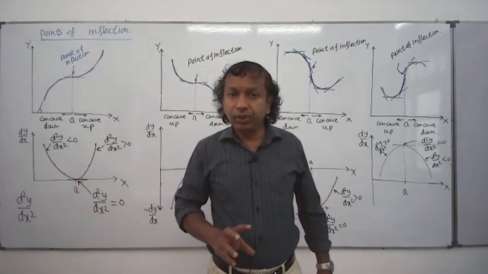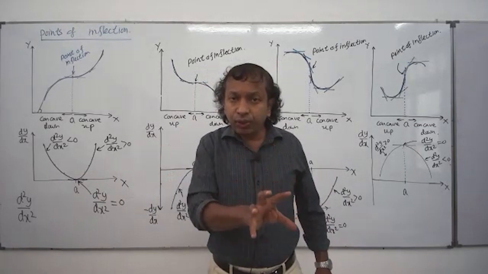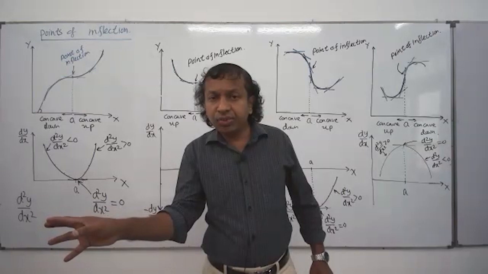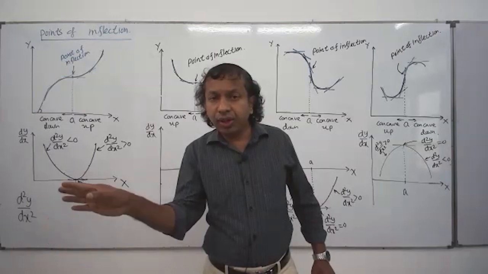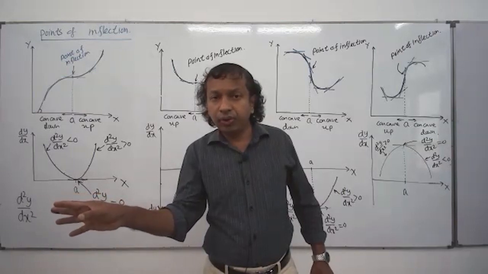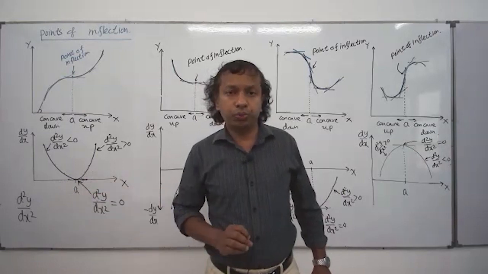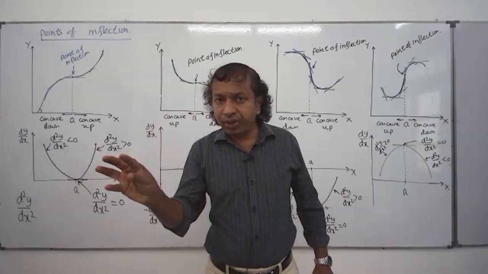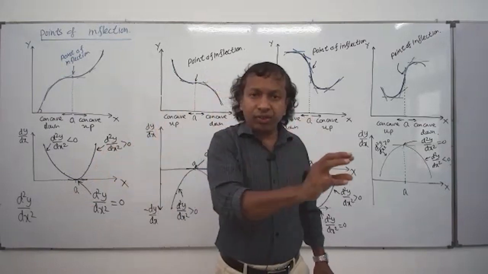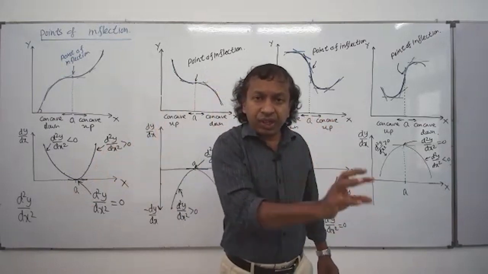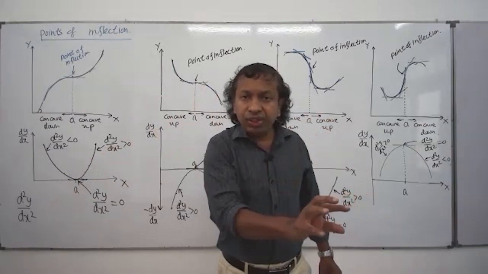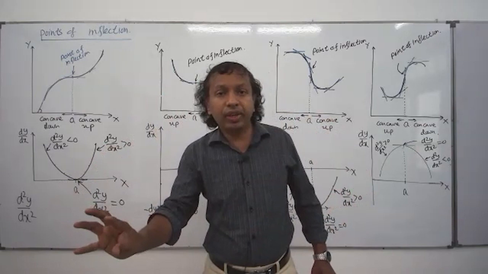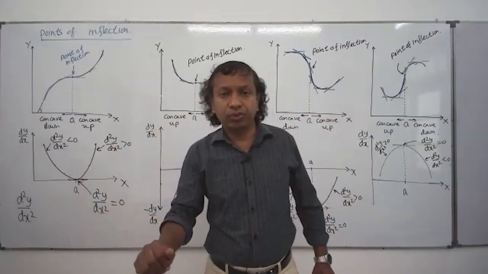What's the converse? If the second derivative is 0, that doesn't say there exists a point of inflection at that point. Sometimes there can be, sometimes not.